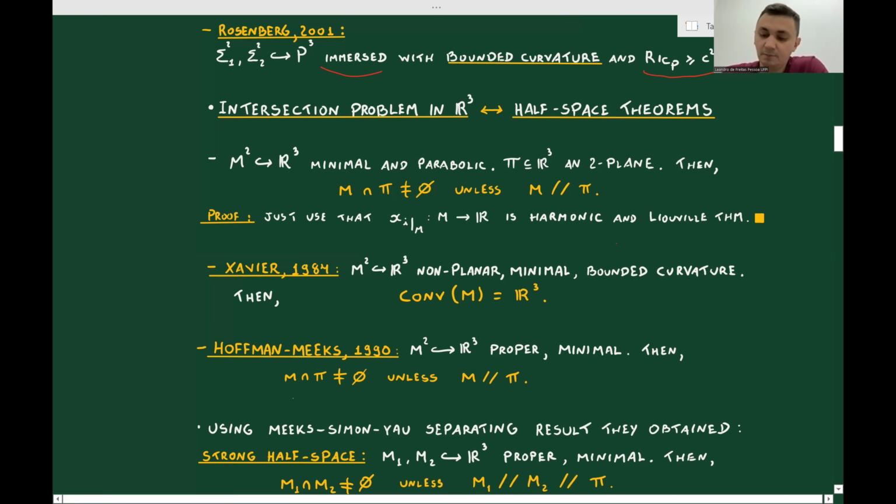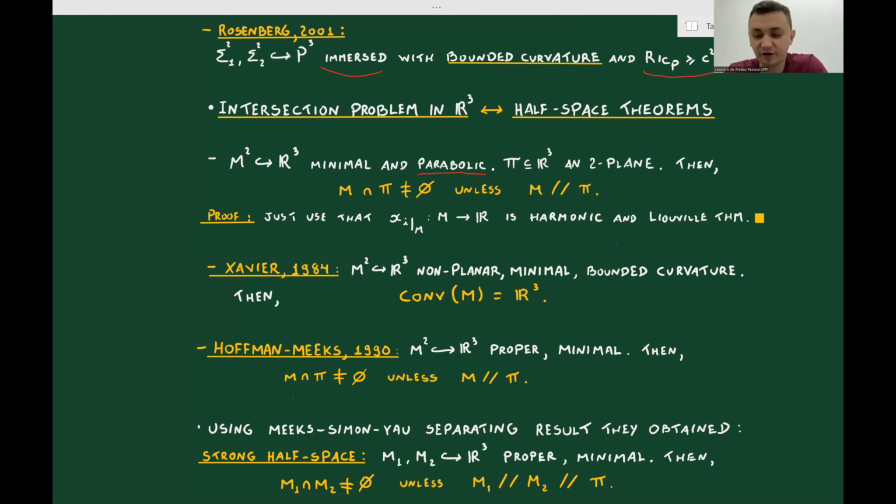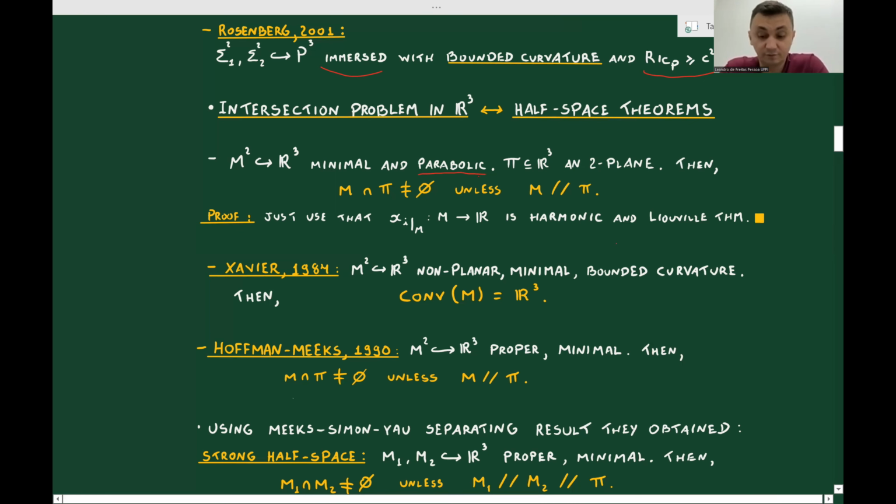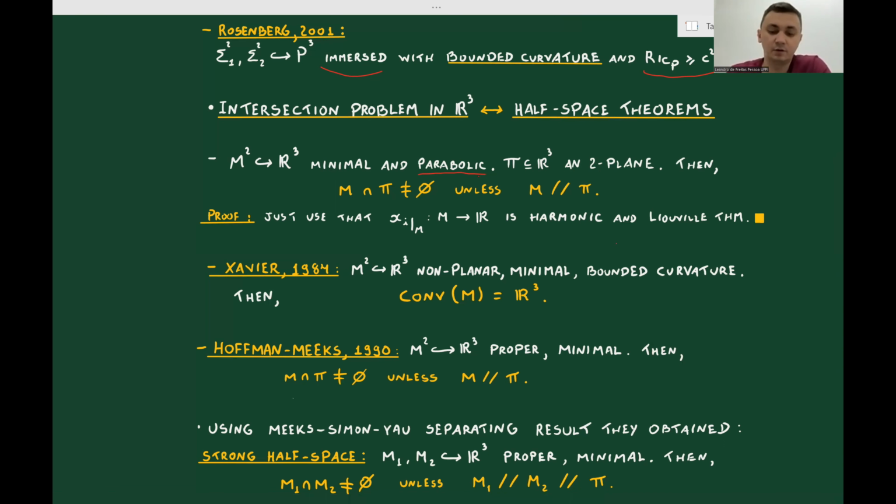And so by using the Liouville theorem, because the surface here is parabolic, you can see that the height function, the coordinate function with respect to this plane, is constant. So we can deduce that either M intersects the plane, or it is parallel to the plane, and since it is a minimal surface, it must be contained in the plane. If you ask also that the minimal surface is complete, you can claim that M is also a plane parallel to the plane pi.